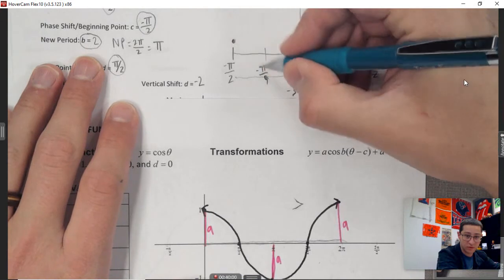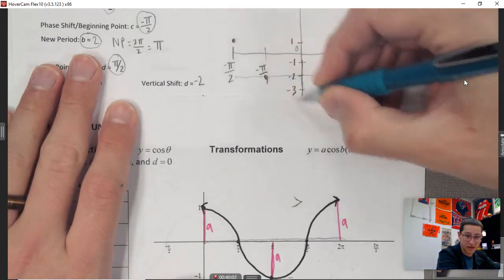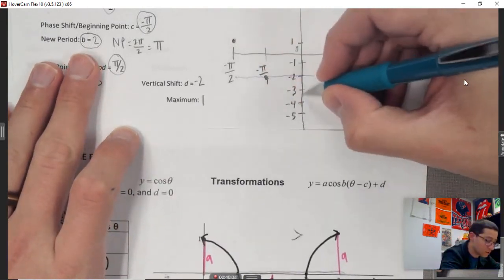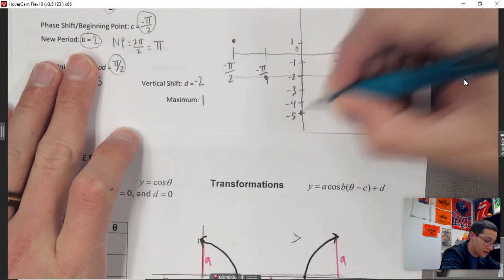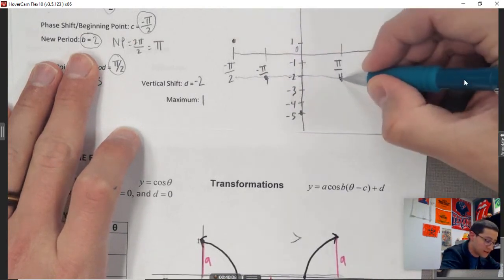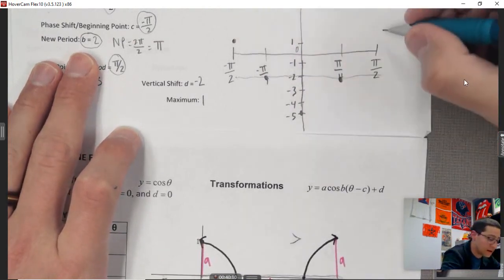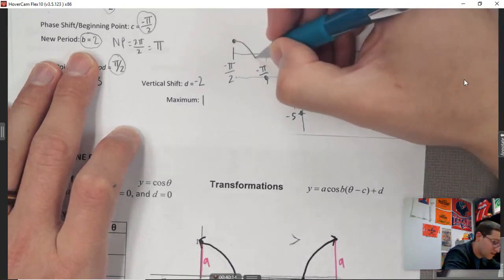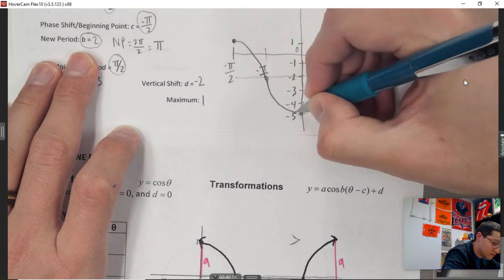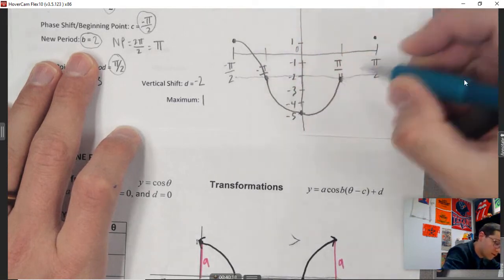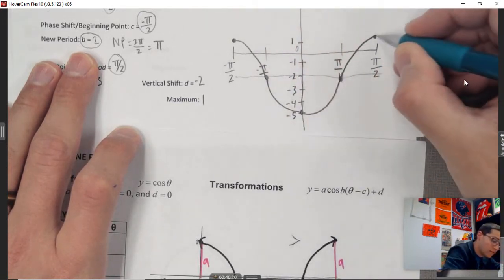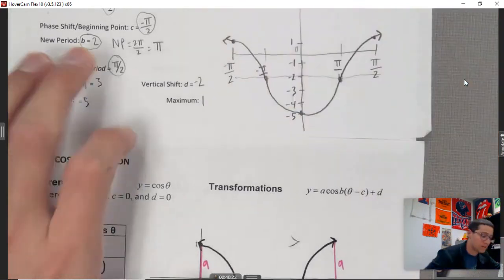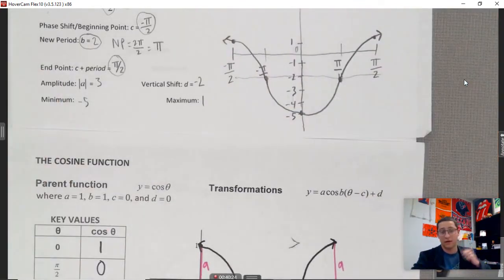So amplitude of 3, down to the baseline, back down 3. So 1, 2, 3, here it is. And then back to the baseline. And then up, back one more time. So here is your graph for that one. Okay, there it is.